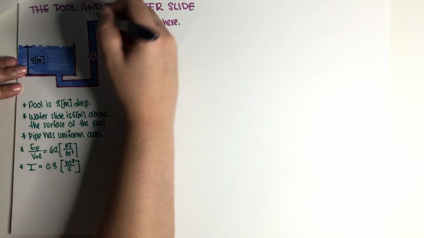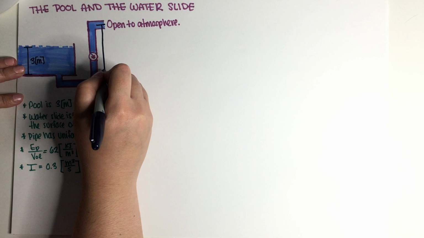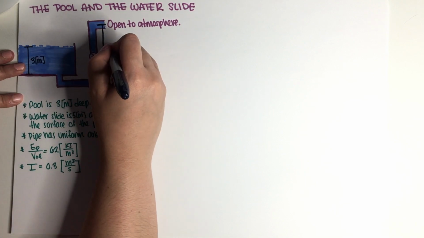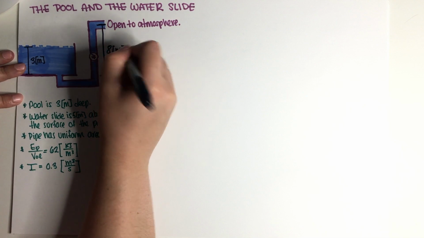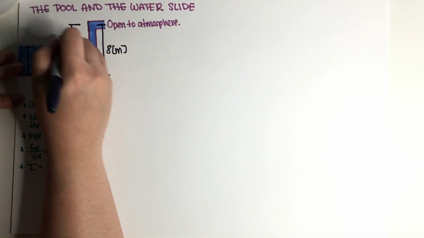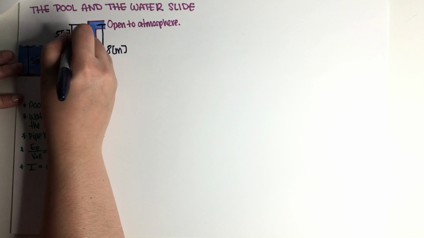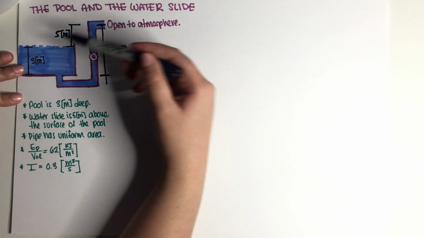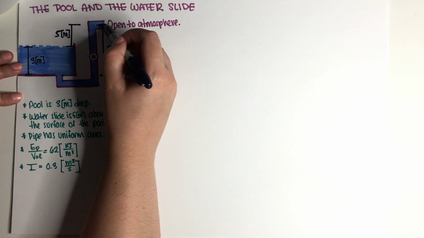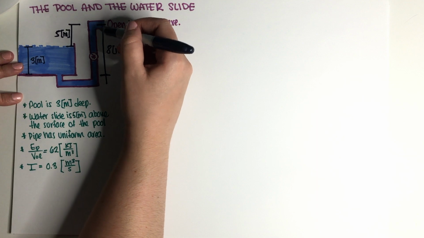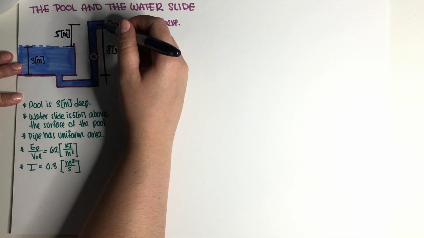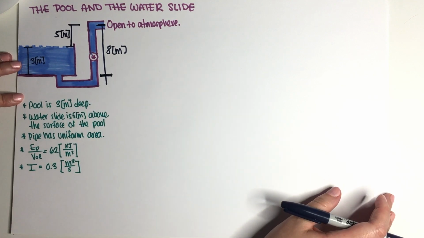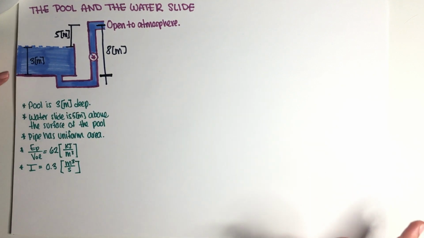This means that this total distance from the bottom of the pool to the top of the water slide is equal to 8 meters, since this distance is equal to 5 meters. So this is the 5 that the instructions are talking about. Then we have another 3. So now I know that from the bottom of the pool to the top of where the water slide is, we have 8 meters. Alright, so we need to figure out how to solve this problem.